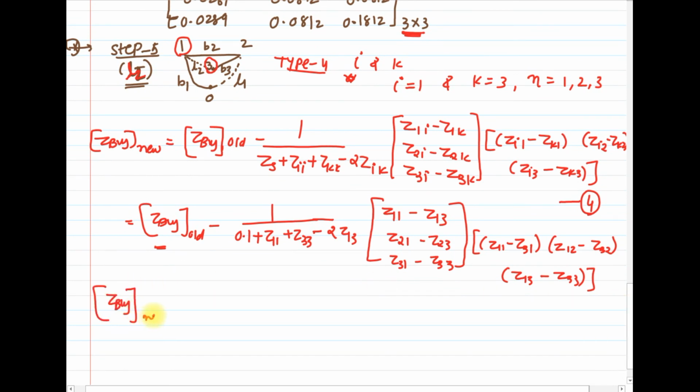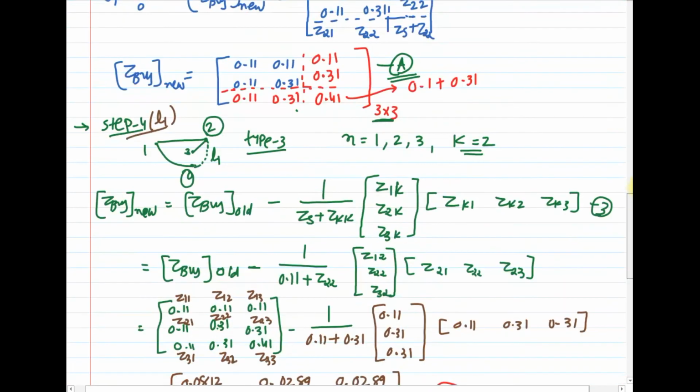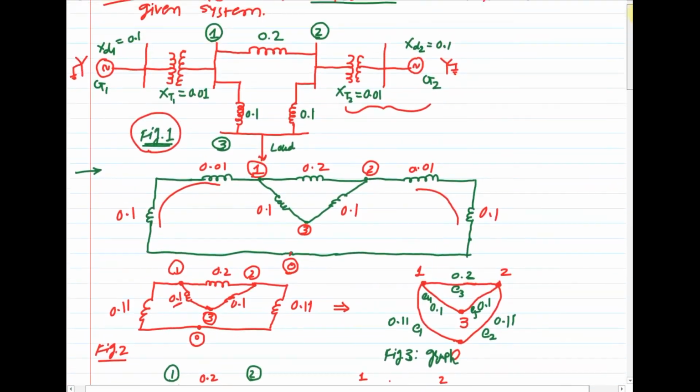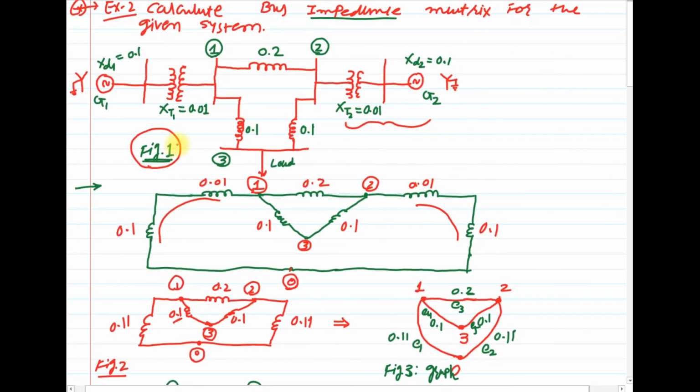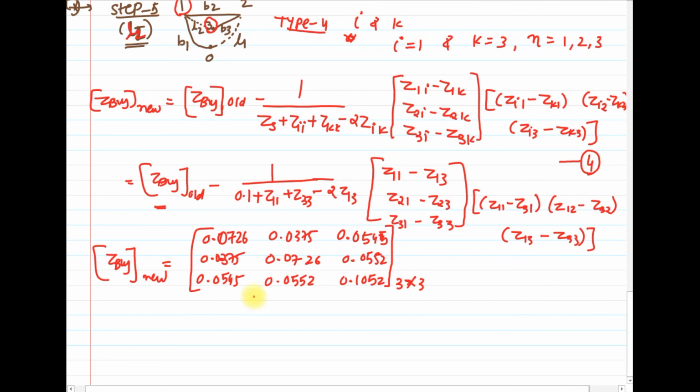Z bus new is equal to, so this is your final answer for the network given in this figure number 1. Final modification for the Z-bus matrix. Clear?